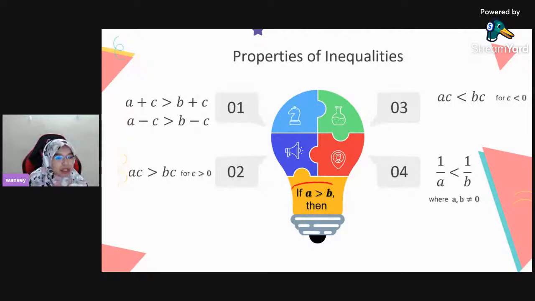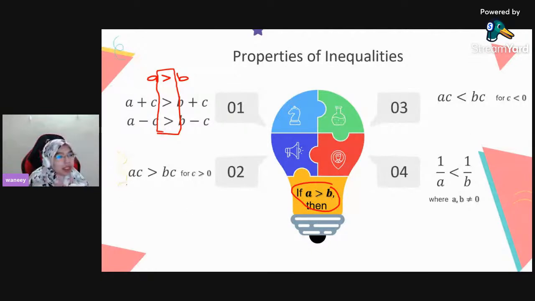So we have to start if A greater than B. So A is definitely greater than B. If we are doing some addition or some subtraction to that number, which means that you either do A plus C or A minus C, what will happen is that the inequality sign will stay the same. So it won't change because we are simply doing the addition or subtraction. So kalau tambah atau tolak, you don't have to change the inequality sign.